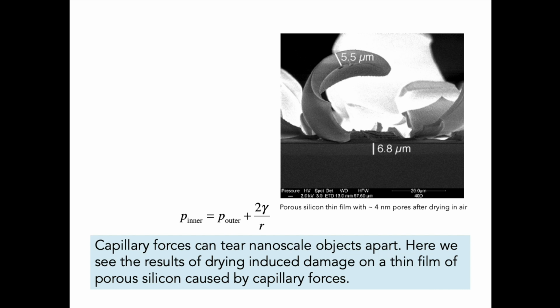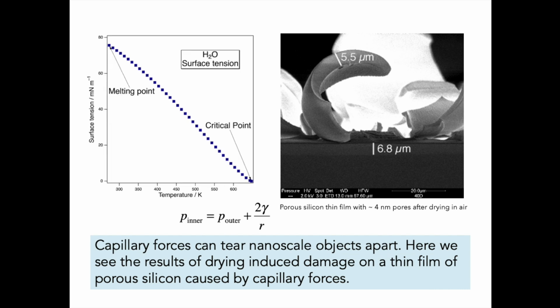Is there a way to avoid that? And the answer is yes, because not only do delta S and delta H go asymptotically to zero at the critical point, also the surface tension does. And so we can greatly reduce or eliminate capillary forces if we can use a supercritical fluid for drying.